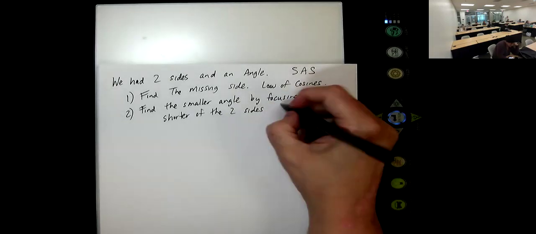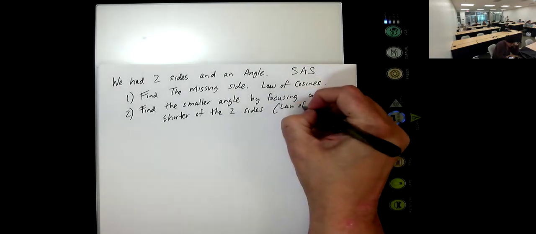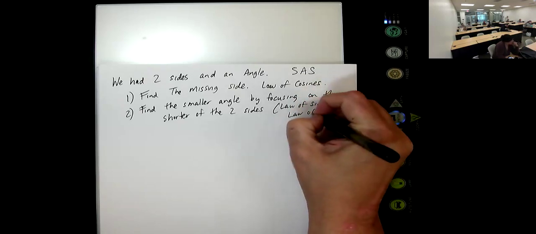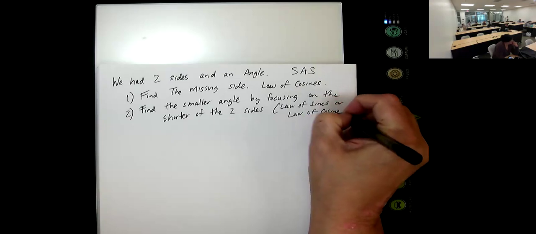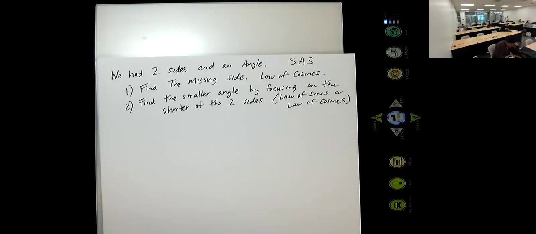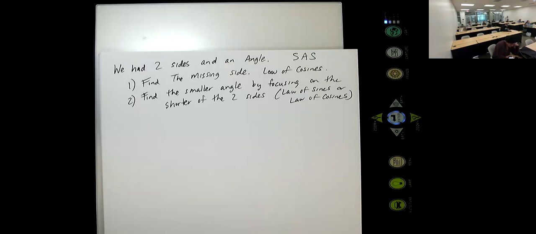You can do this with law of sines or law of cosines if you want, but I think most people are gonna default to law of sines because it's easier. This makes it so you avoid the second triangle. And then once you have that, you've got one angle left, just find the angle.